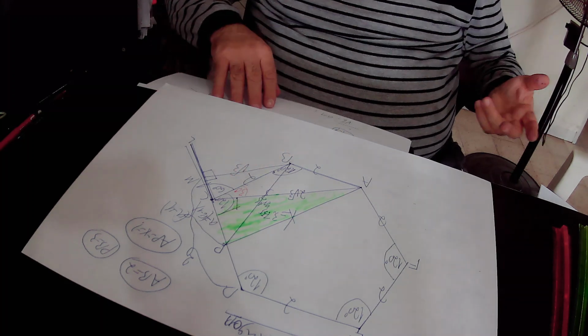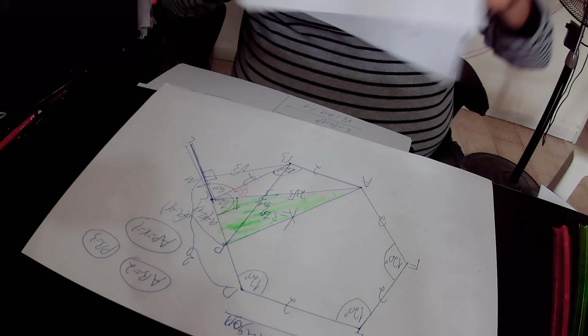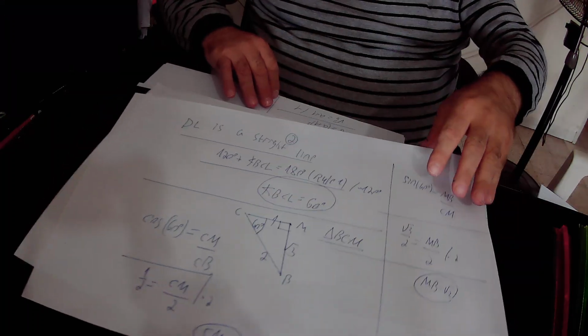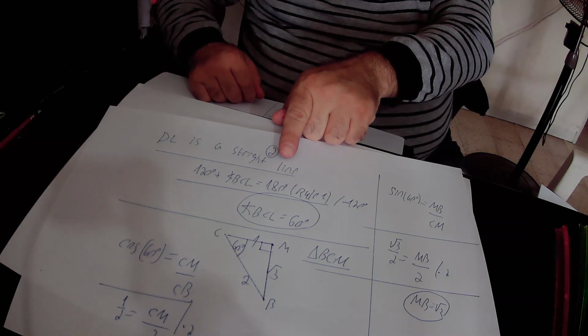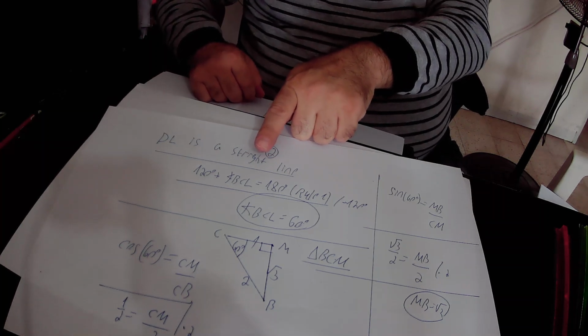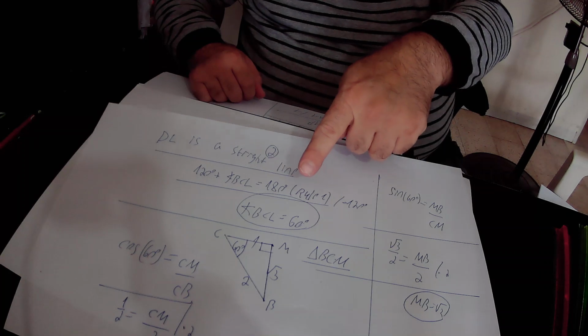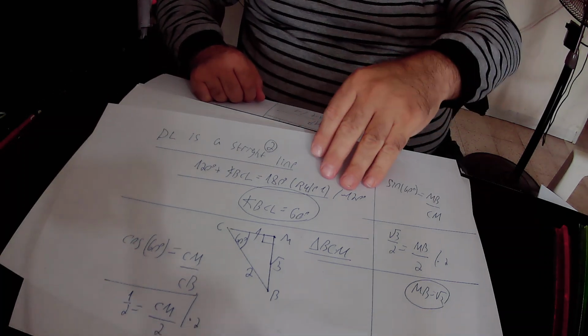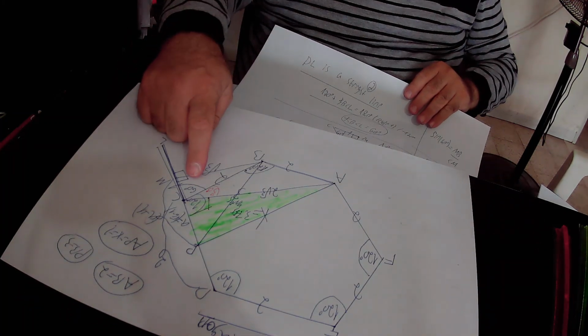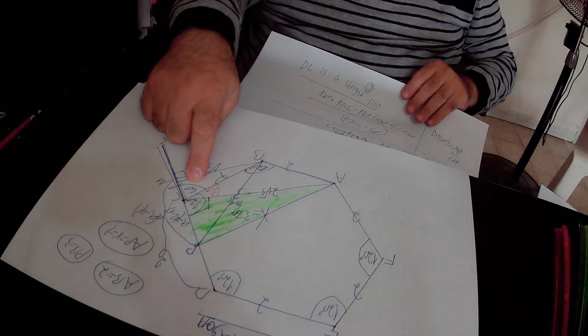In total, they must be equal to 180 degrees. We subtracted 120 degrees from this equation, and we found out that the missing angle BCL equals 180 degrees minus 120 degrees, it is 60 degrees.